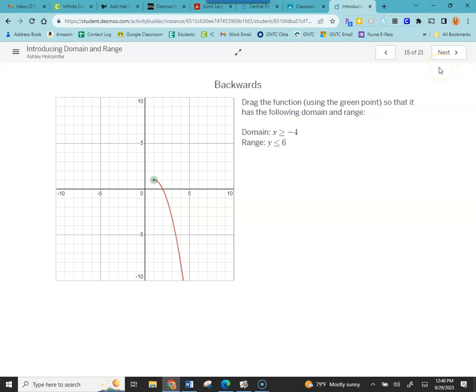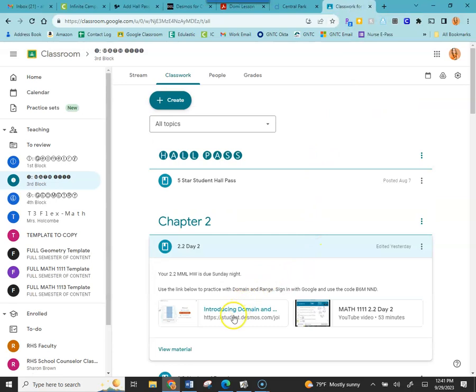Okay, it's not a grade necessarily. I might make it a grade, I don't know, but I feel like it would really help some of you with domain and range, okay? So that is linked in Google Classroom under 2.2, and I will link it again under 2.3 today because today has domain and range as well.